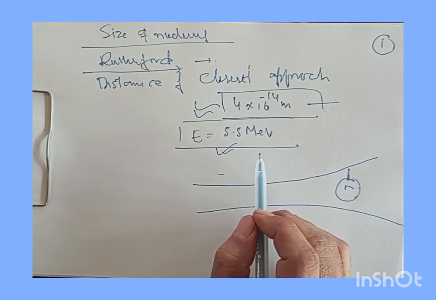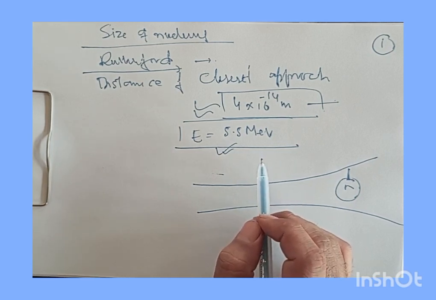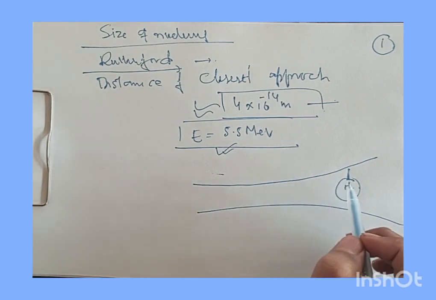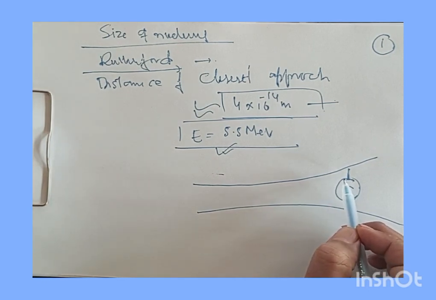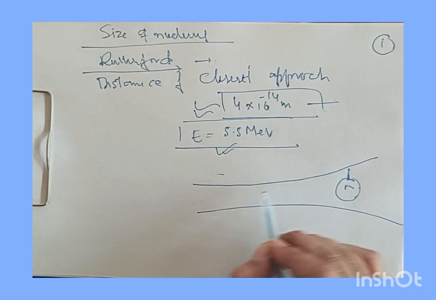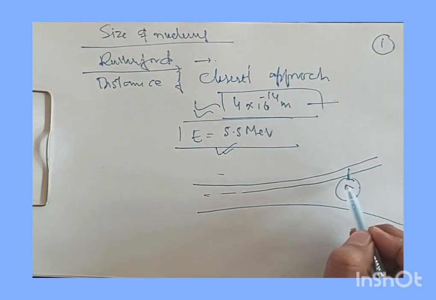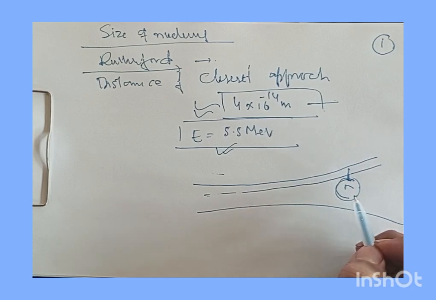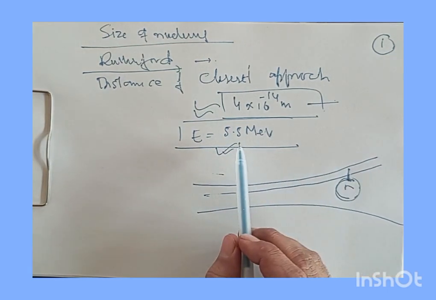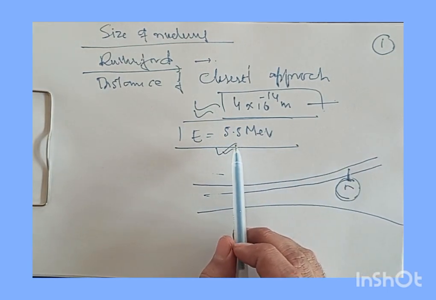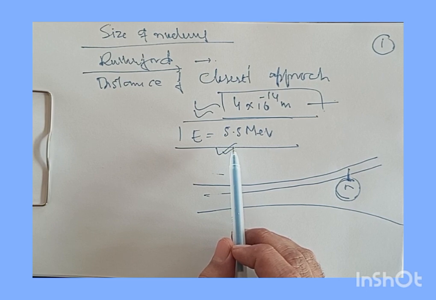And we have attractive nuclear forces, because these attractive nuclear forces will start affecting the alpha particles if their energies are more. They will start to make an impact on these alpha particles if we use energies greater than 5.5 mega electron volts.